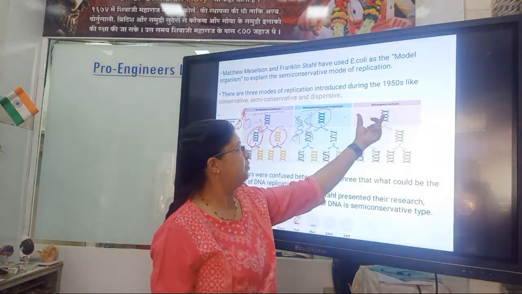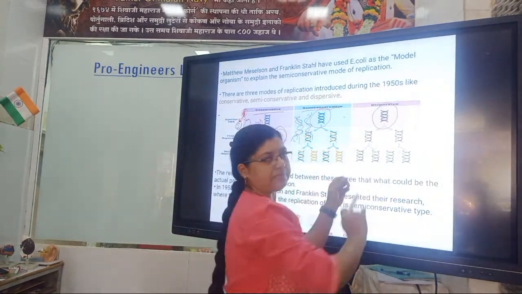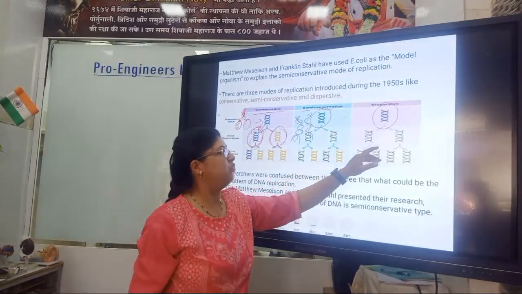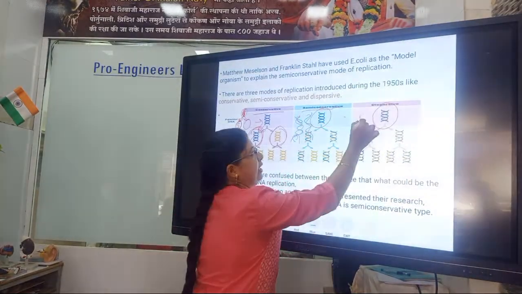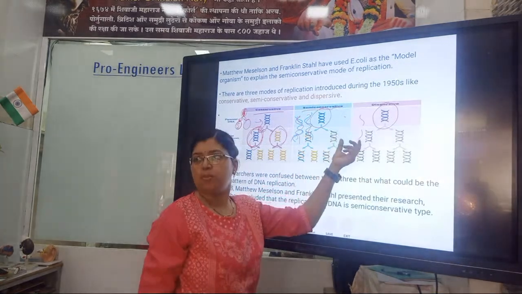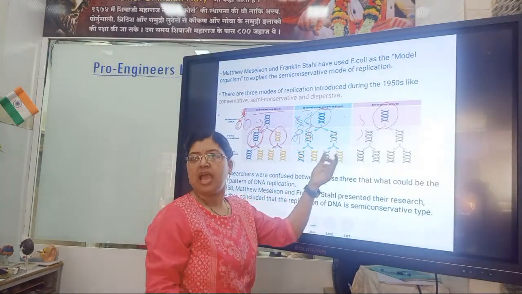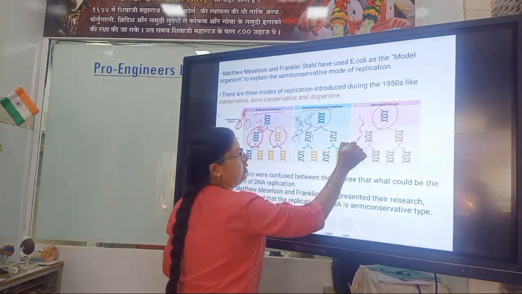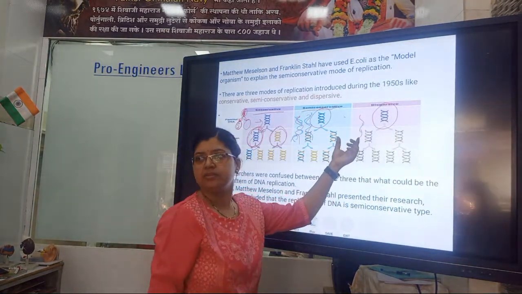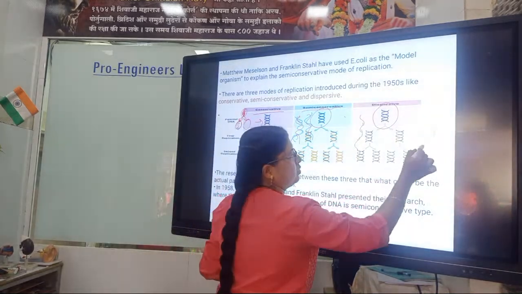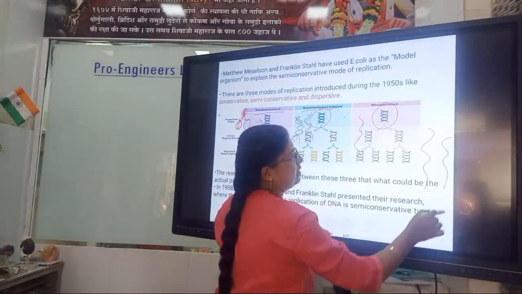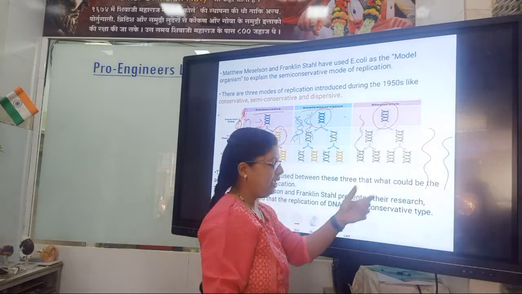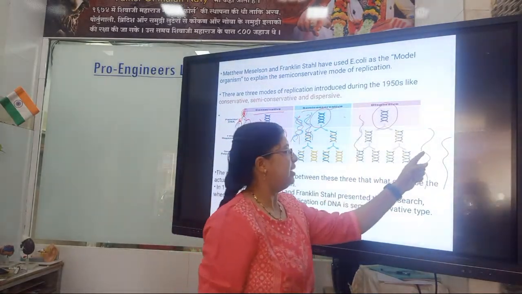Now the dispersive model. Dispersive means, this is the DNA, and after replication it breaks into parts, and after breaking, it joins to new parts. Suppose this is DNA and the strands are separated after replication.